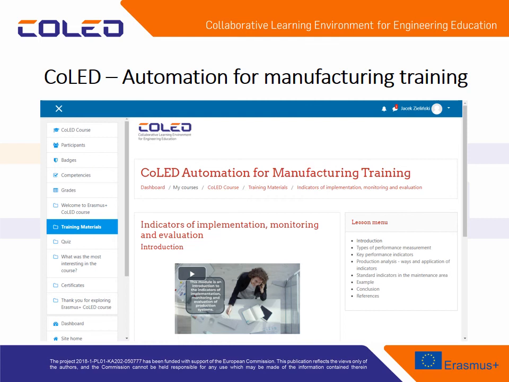The key performance indicators, which illustrate a selected area of the company's activity or assess its effectiveness from a certain point of view, are exemplified through overall equipment effectiveness, which is calculated as a product of availability, efficiency and quality.